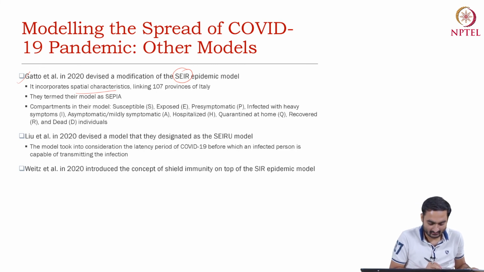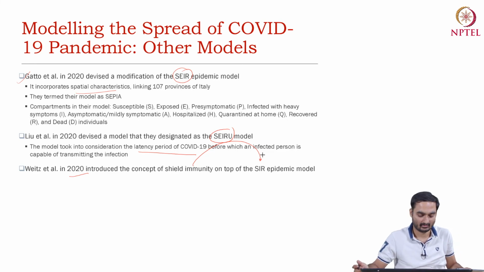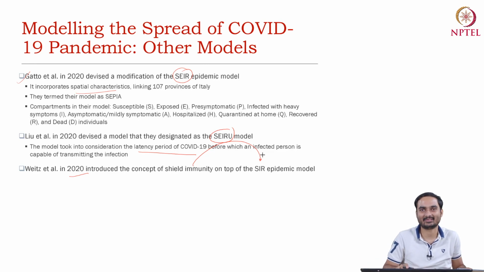Then there was another model, the ACIRU model, right, which took into consideration the latency period. Okay. In fact, there was another model which considered the herd immunity, the one that we mentioned earlier, and that concept was incorporated into the SIR model for better prediction of the growth of the infectious people and recovered people. So I am not going into the details of this literature.